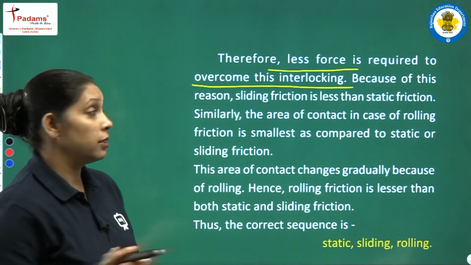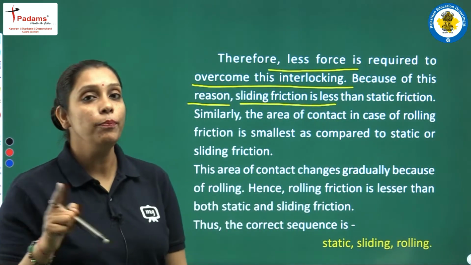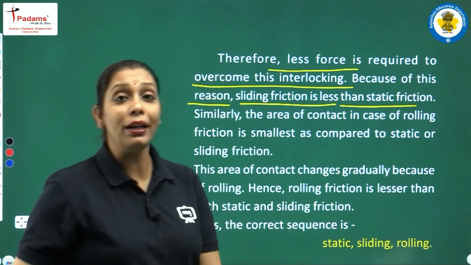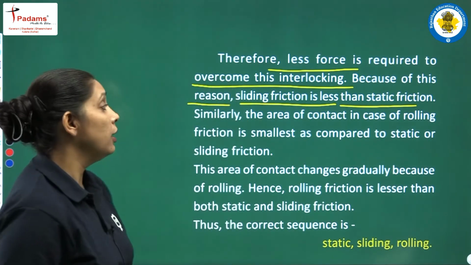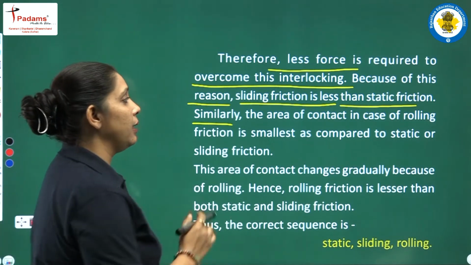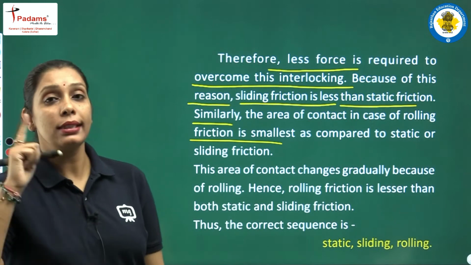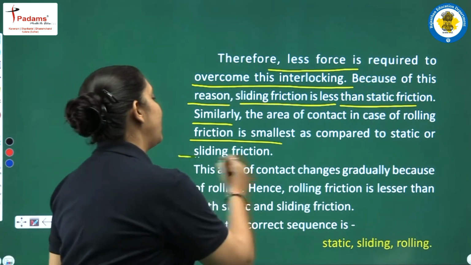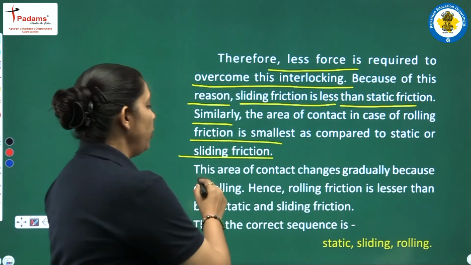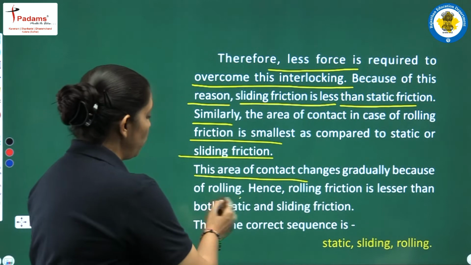Because of this reason the sliding friction is less than the static friction. We have studied all these things in our videos, isn't it? Similarly, the area of contact in the case of rolling is smallest as compared to static or sliding friction. Is that clear? This area of contact changes gradually because of rolling.